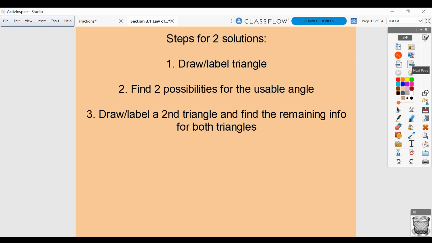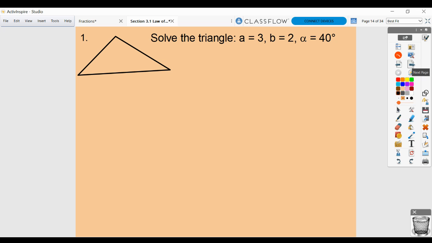So whenever you want to find if there's an extra triangle, draw and label it, then solve the first triangle, and you're going to figure out if you need to do the second triangle or not. So I'm just going to show you what you need to do for this.